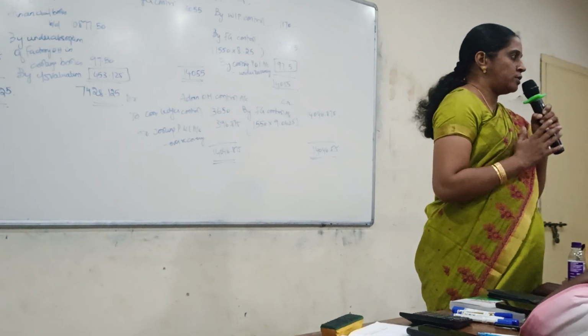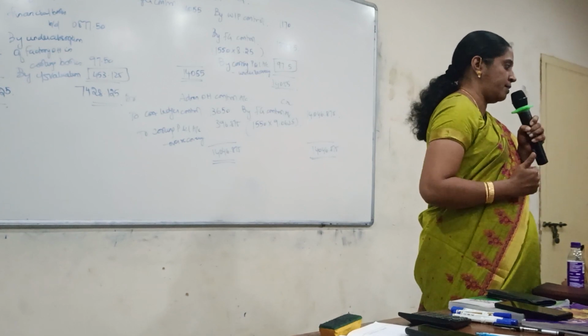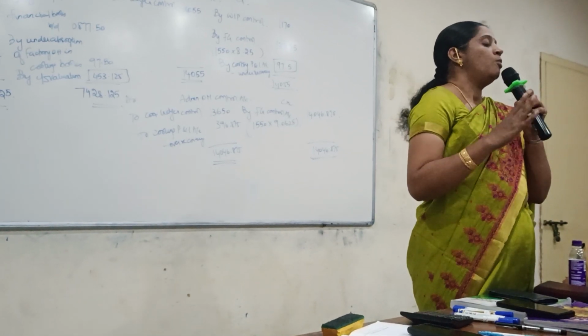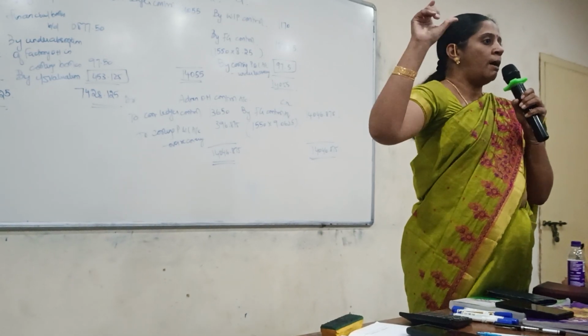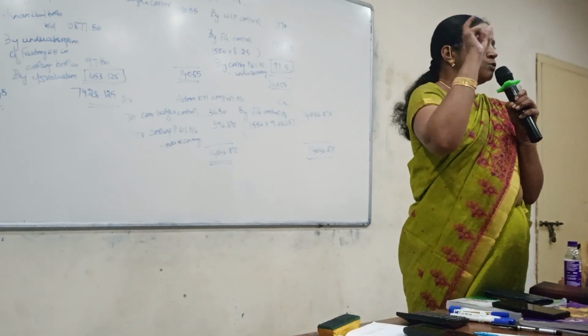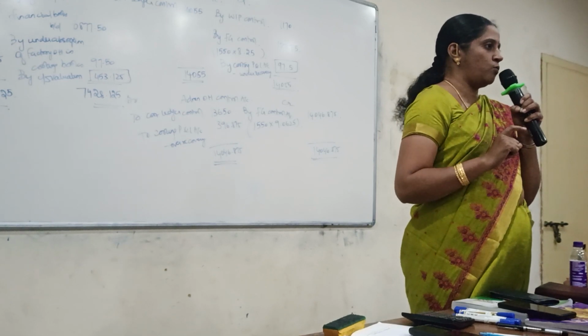If it is posted as a journal entry, costing P&L account debit to overhead control for under-recovery, overhead control to costing P&L for over-recovery. When it is a supplementary rate, add up all the units, calculate the amount of under-recovered overheads. How do you find that? Actual overheads minus applied overheads will give you the under-recovery of overheads.